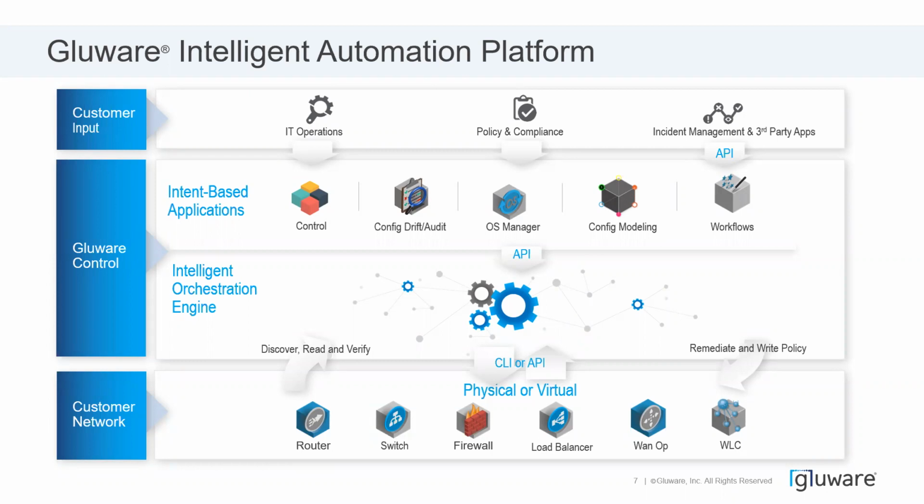Config modeling is our technology and approach to managing configuration. Gluware deconstructs configuration into features and enables our engine to automate as many or as few features as you want on the network. So we can automate things as complex as EVPN with underlays and overlays.